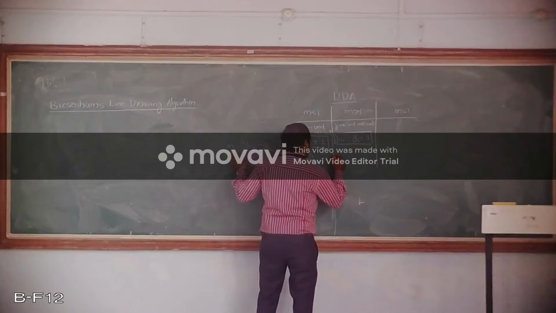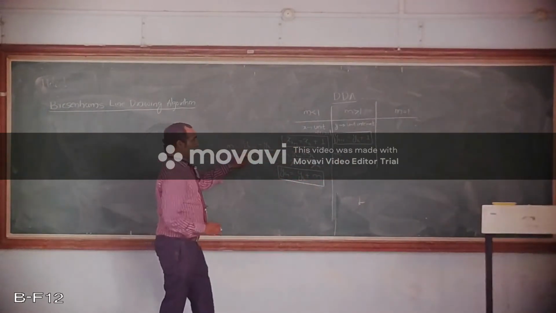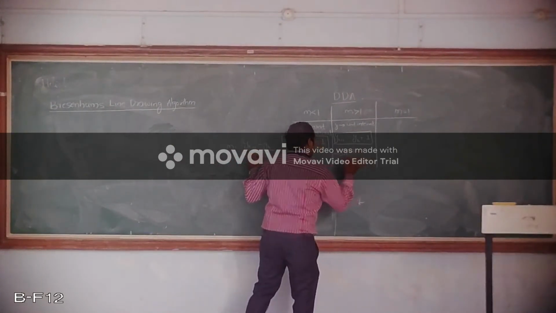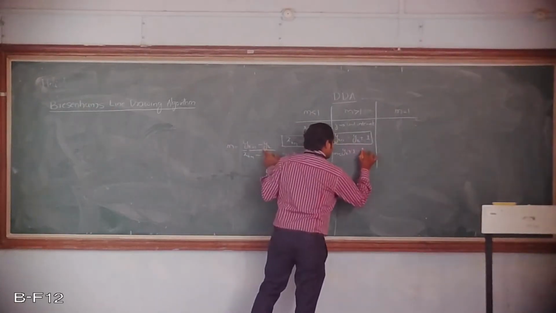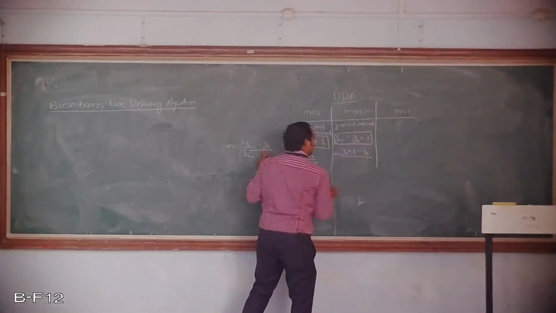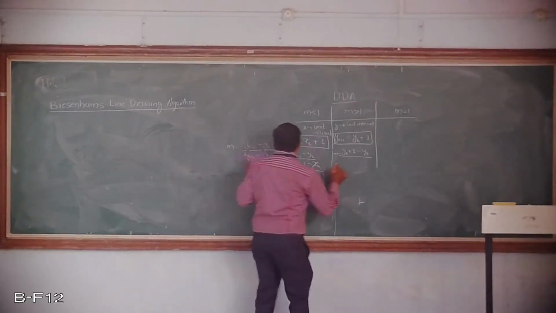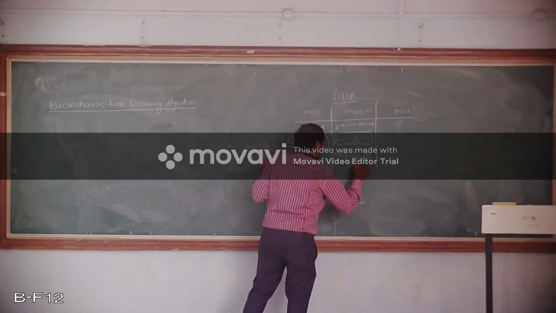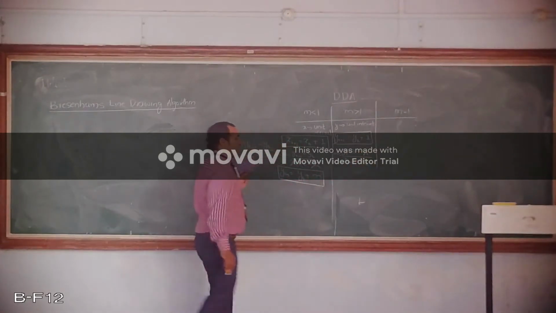Therefore, substituting it, m is equal to yk plus 1, which I substitute as yk plus 1, minus yk as it is, upon xk plus 1 minus xk. Therefore, this yk and this yk can be cancelled.